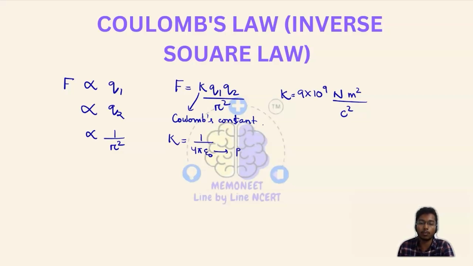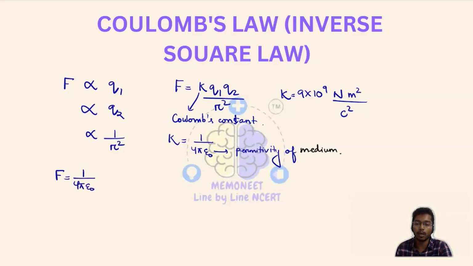Epsilon naught is the permittivity of medium. So now we have F equals 1 upon 4 pi epsilon naught q1 q2 upon r square.